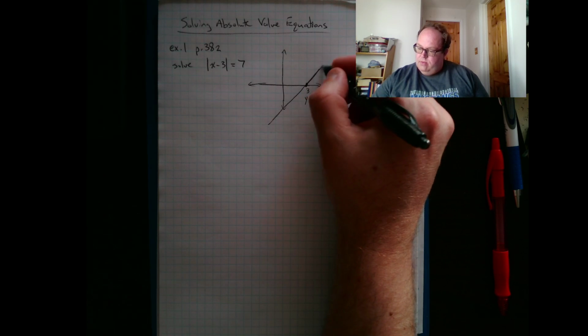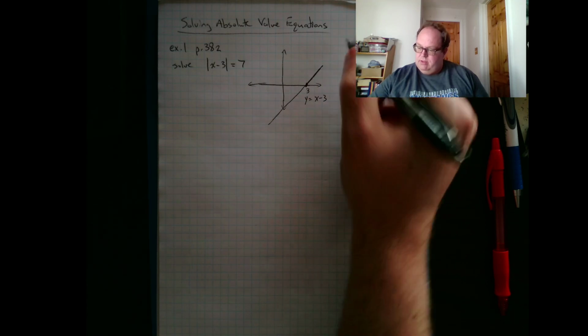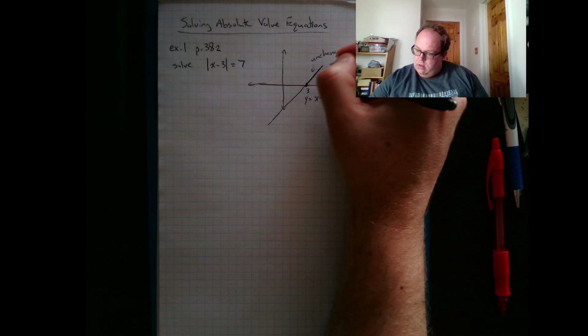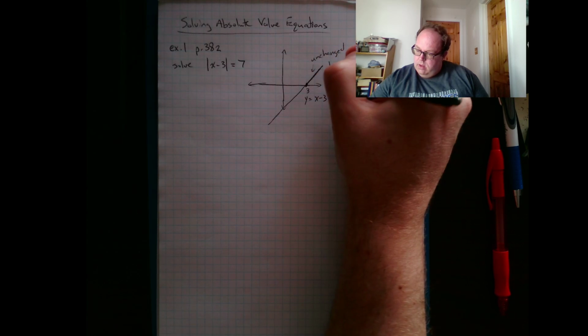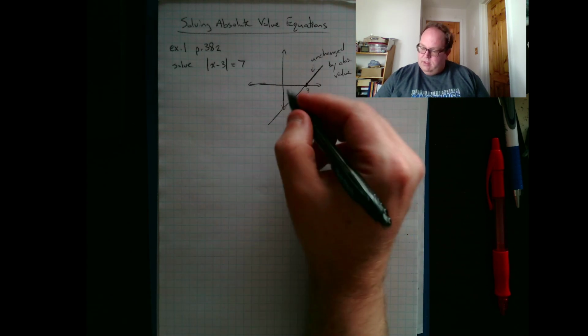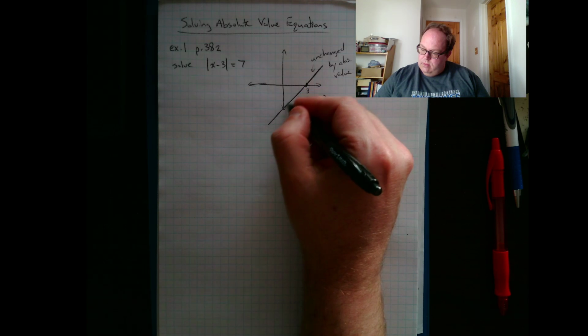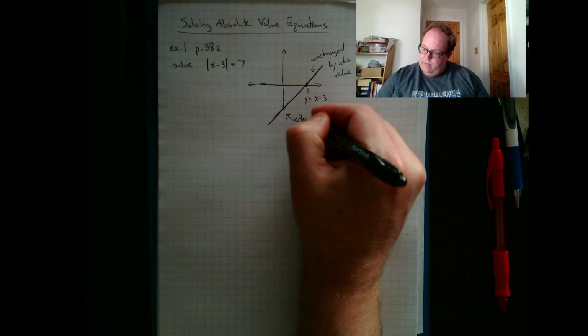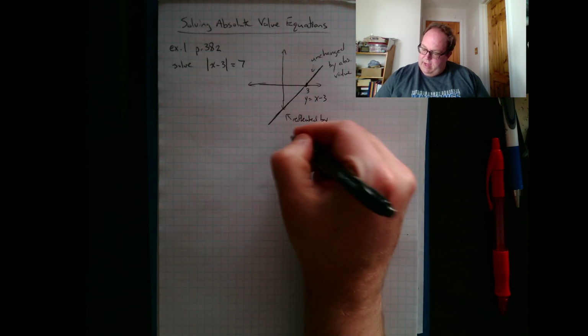This area would be unchanged by the absolute value sign. Whereas this region would be reflected by the absolute value.